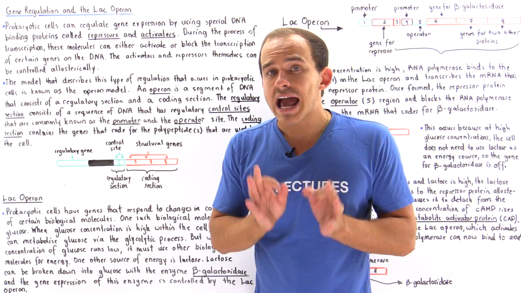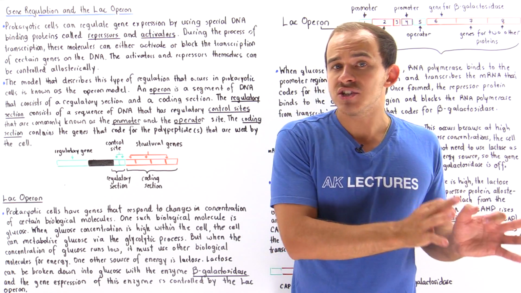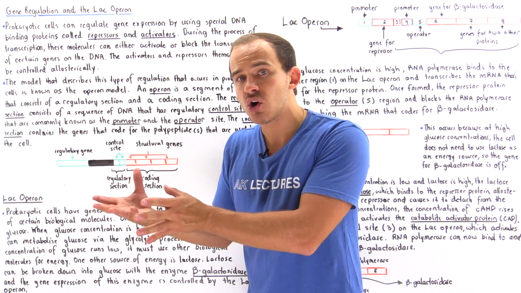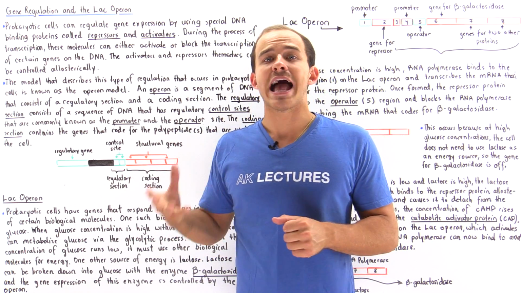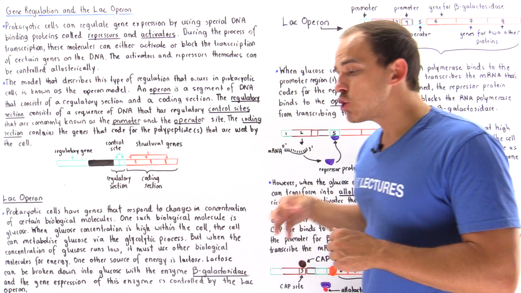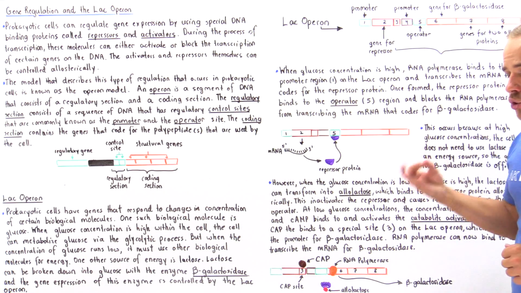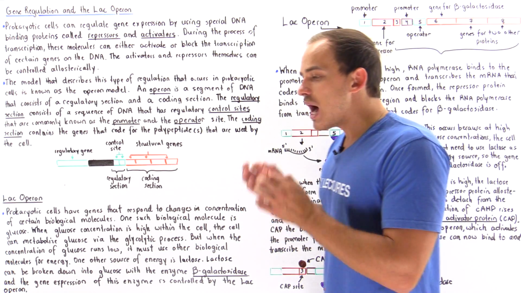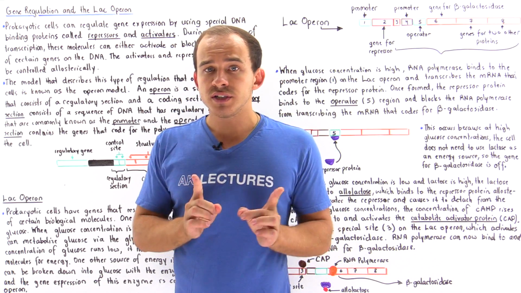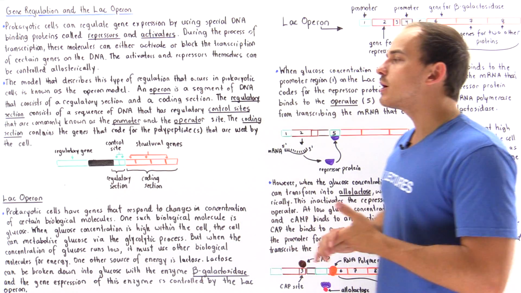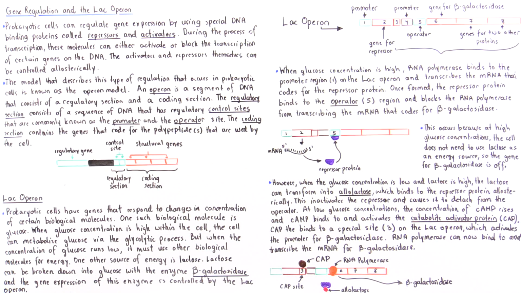So we do not actually have to break down lactose because we have the glucose that we can use as our energy source. Because the concentration of glucose is high, we do not need to synthesize the enzymes that are involved in the breakdown of lactose.